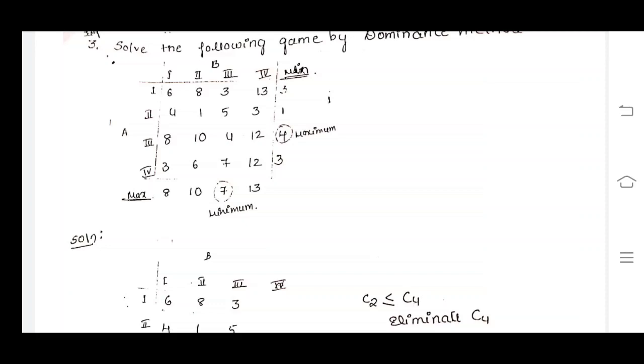Now we can use the dominance rule for columns and say that C2 elements are less than or equal to C4. Here C4 is dominated by C2, therefore the dominated column will be deleted or eliminated. The dominated column here is C4.